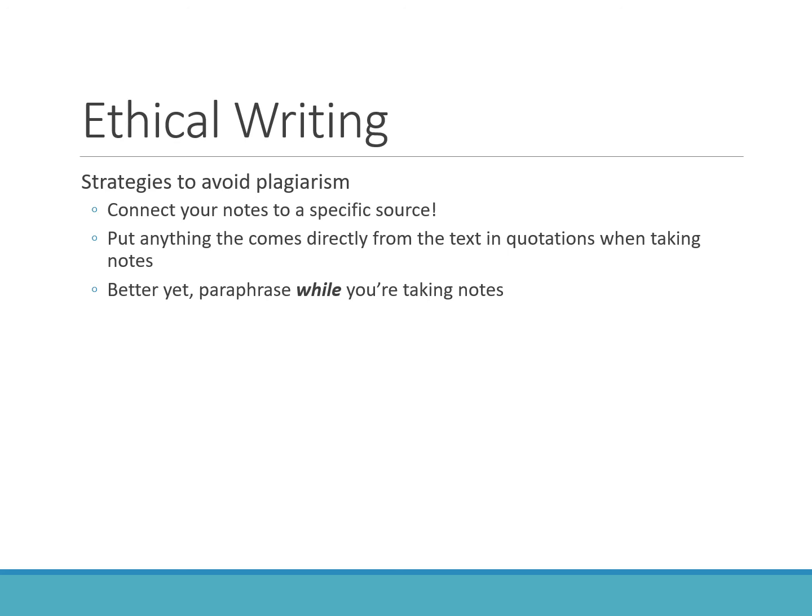Anytime you're taking notes, you need to make sure that you have very clearly labeled the source that they came from. When we talk about note taking and how to read research articles, we'll talk about some strategies for that. When you take notes digitally, you can use an Excel spreadsheet or a Word document to organize this information. If you're using something like note cards, you want to make sure each source is identified on the note card.